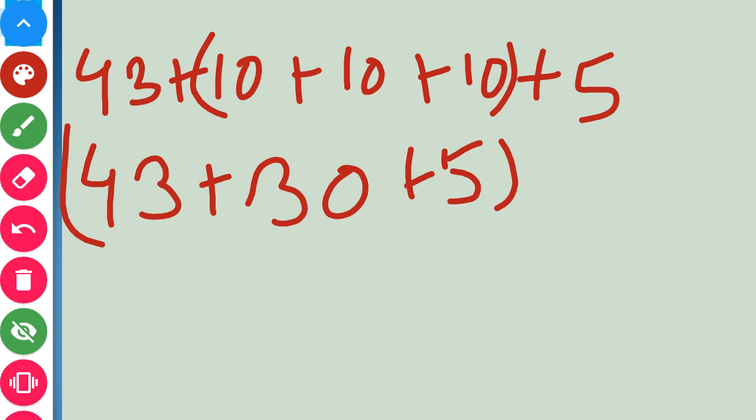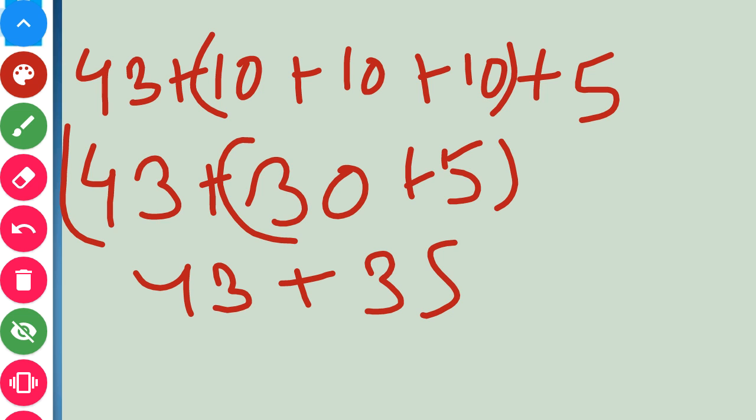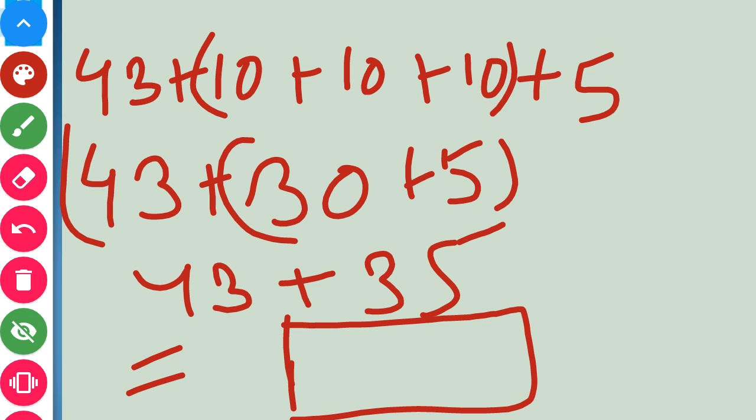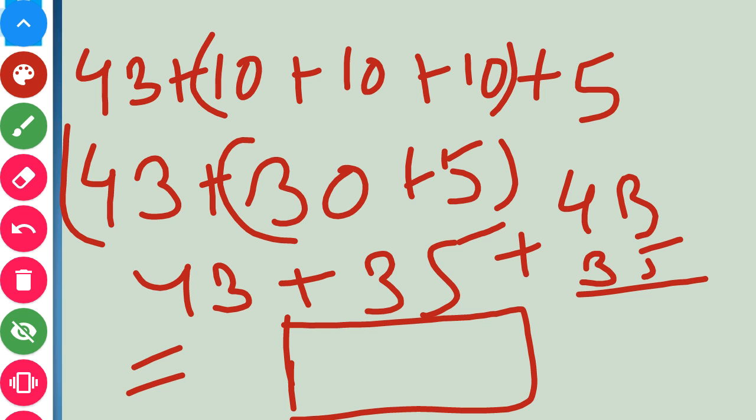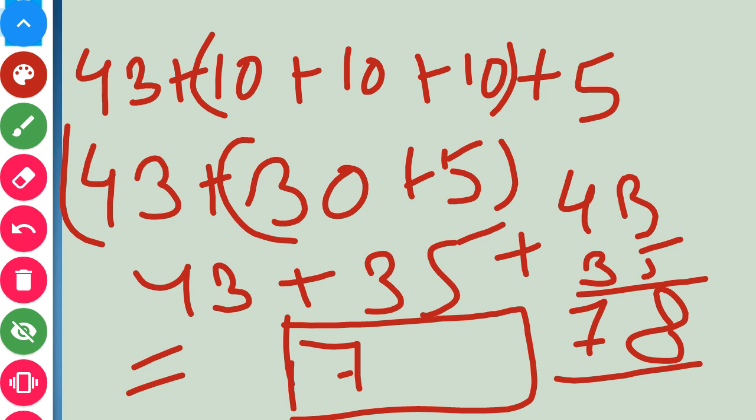Now 43 plus 30 plus 5, 43 plus 35. How much will we get if we add 43 and 35? 43 plus 35. 5 plus 3, 8. 4 plus 3, 7. 78. 43 plus 35 will give us 78.